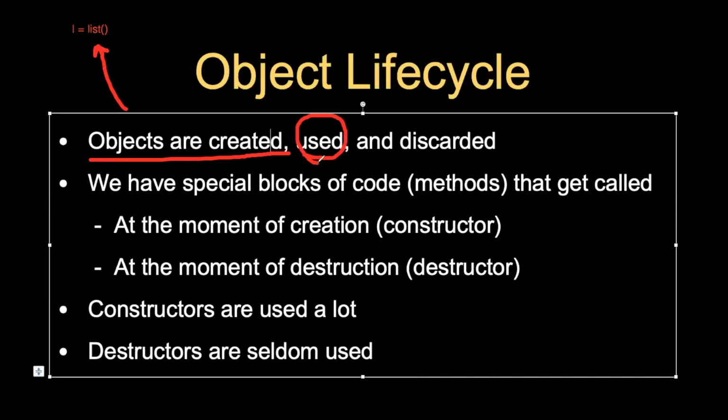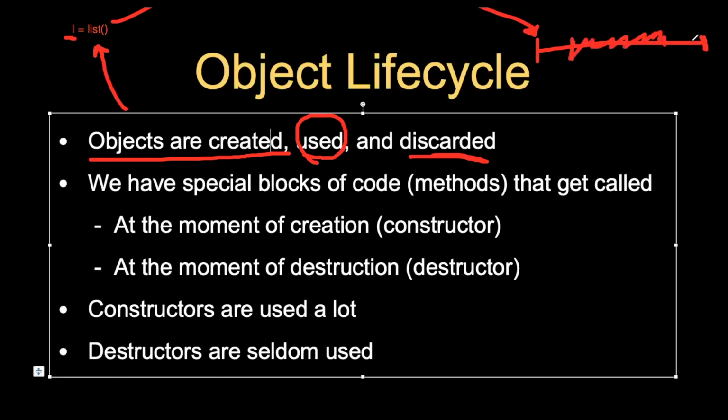You use L to store data, right? And then after you're done, as in your entire program is basically done and it's about to exit, this L is then discarded, right? This is what we mean by object life cycles. If you look at this entire object chain, the construction happens at the very beginning, and then it's going to be used somewhere from here to here.